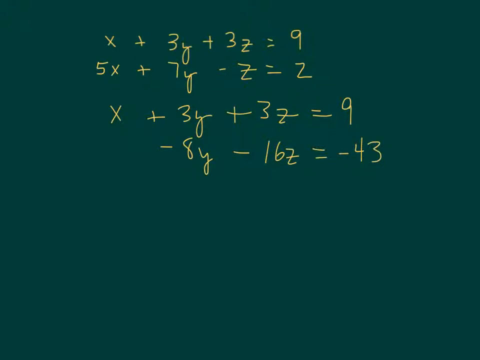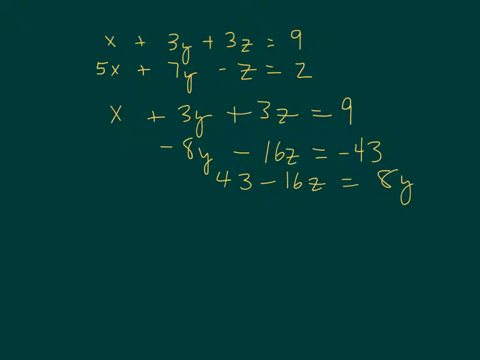So using this equation, we can write y in terms of z. So writing y in terms of z, we would have 43 minus 16z equals positive 8y.